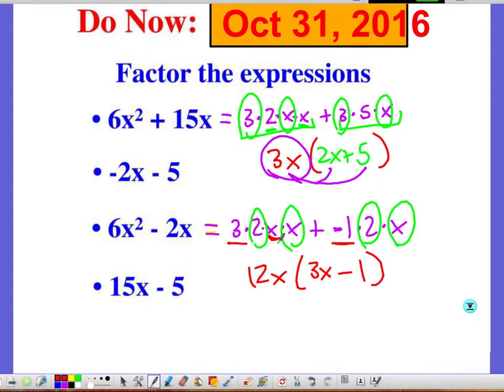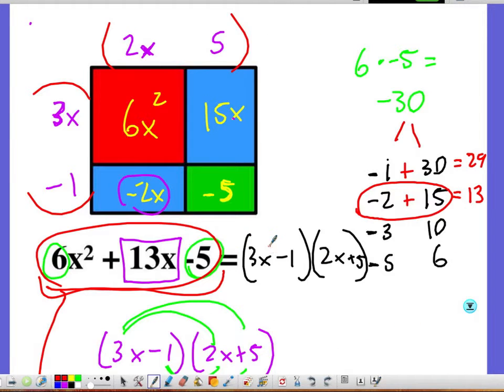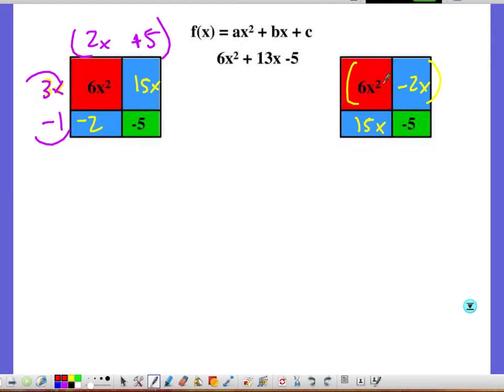There we go. So what I can take out from 6x squared and negative 2x is going to be 2x. I can take out 2x.